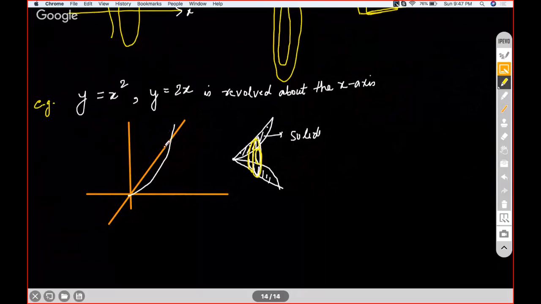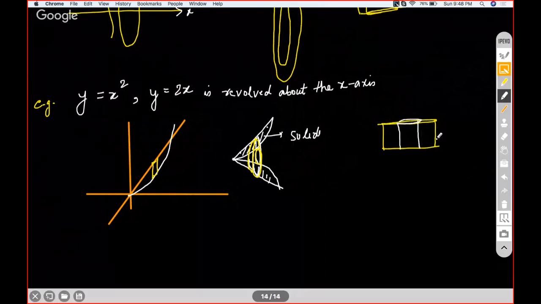Think of this as the thickness of the washer. Now, if you have a cylinder like this, which is hollow from inside, what do you do to get its volume?